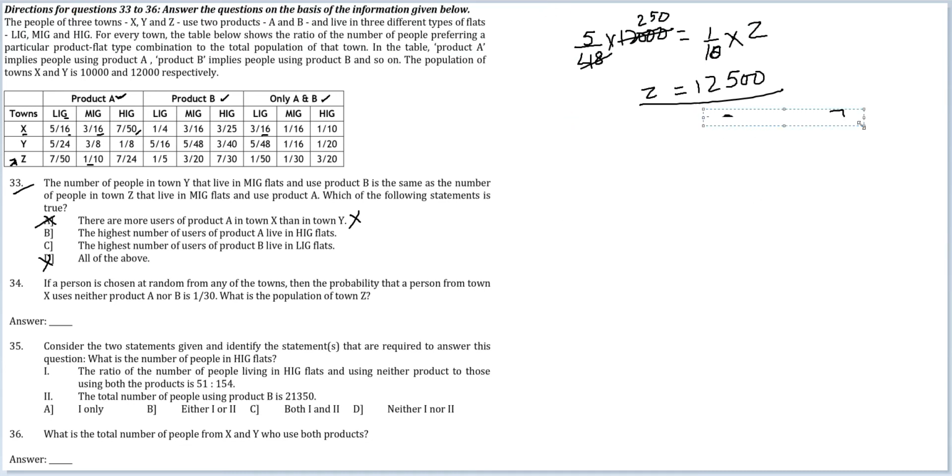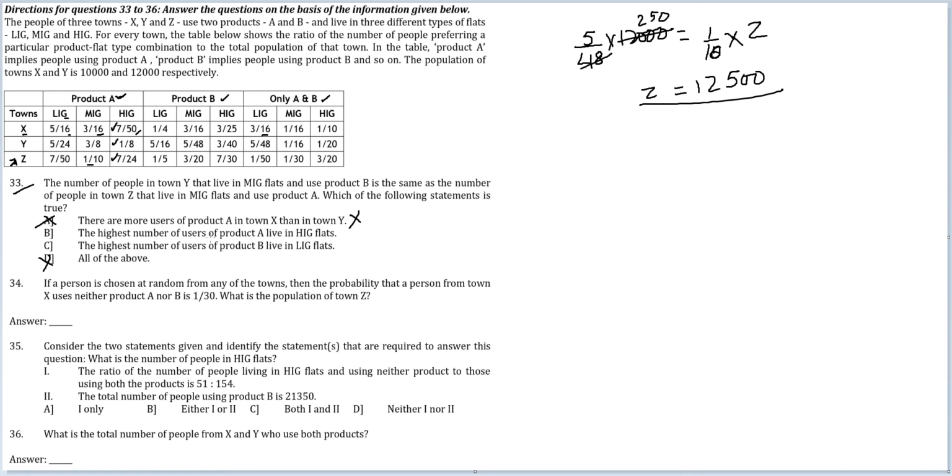Let me remove this working. Okay. Statement 2: the highest number of users of product A live in HIG flats. I have to check if these numbers are the largest, and because I now have the population of Z also, I can do that, but then I would have to compare this to this here, and it is difficult to manage.